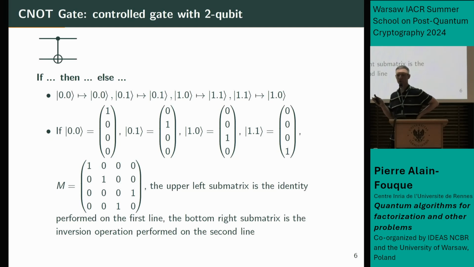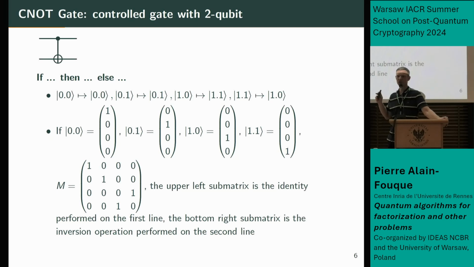But for the second qubit, you have what is called an inversion, and it means that if the first qubit is 1, you invert the value. This is why it's called a control gate: if the first qubit is a 1, you apply the operation on the second qubit.